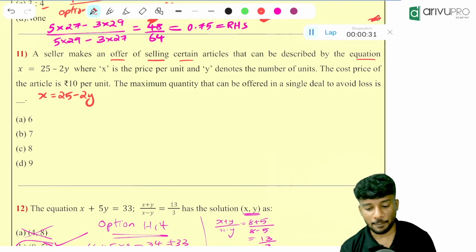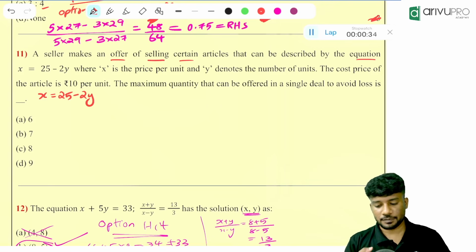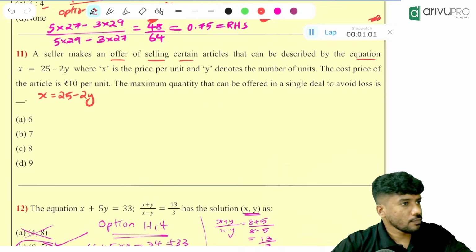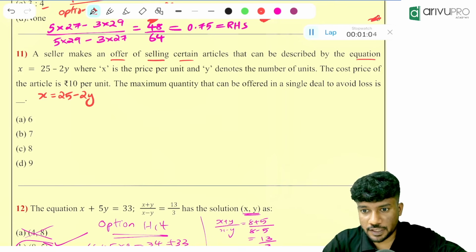Everyone, please try it for me. Seven, correct answer.